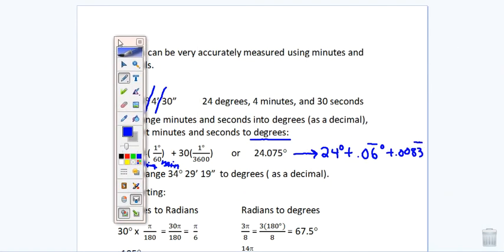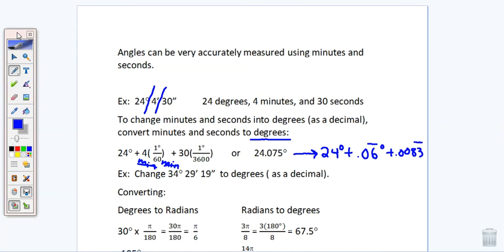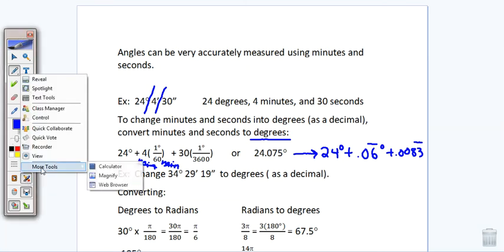I guess it doesn't matter because these numbers are going to get so meticulous. As long as we're all in the same ballpark, I think we're in pretty good shape. I always tell kids to go about 2 or 3 places and round according to the next digit. If you need to round down, round down. If you need to round up, round up. I'm more worried about your process than seeing the exact right answer, okay? Let me get a calculator out here.